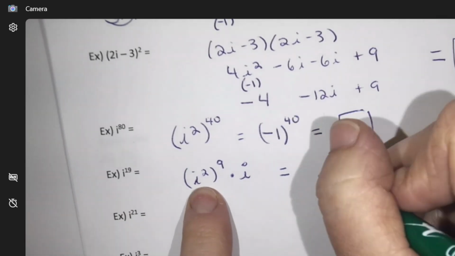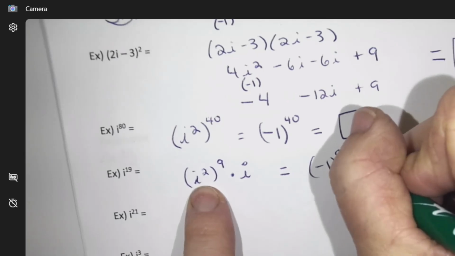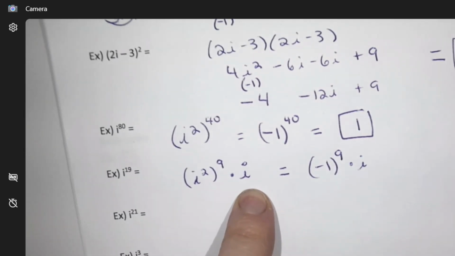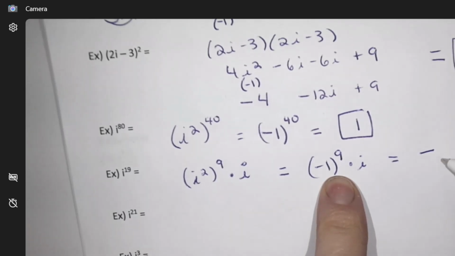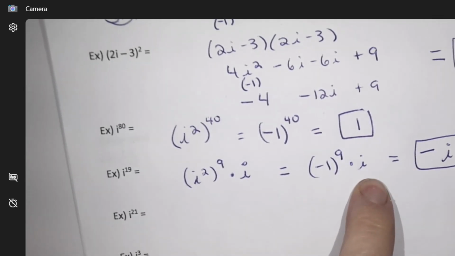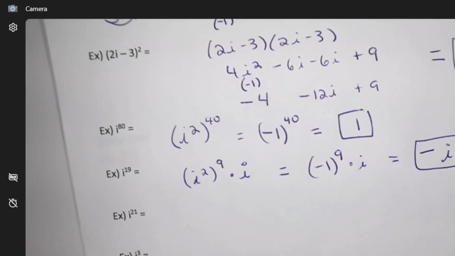Okay, so -1 repeated 9 times. So what's -1 repeated 9 times? -1. And then we had an extra i in that one.